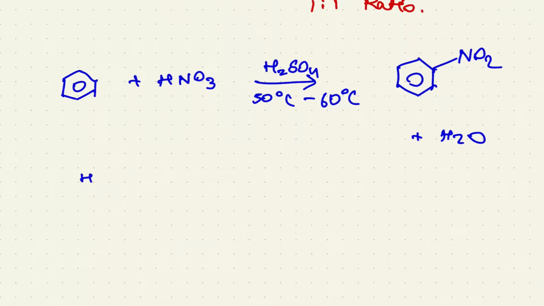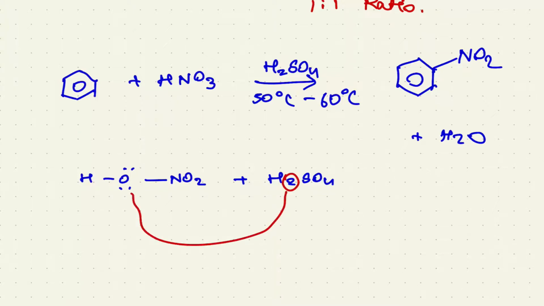We have something like this, this is the nitric acid, and we have H2SO4 as well. So what happens is the H plus from H2SO4 goes and attacks this lone pair.